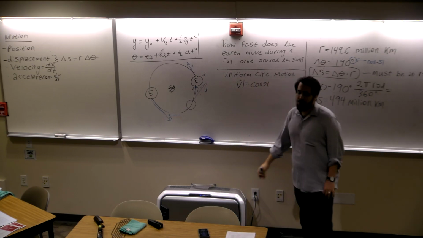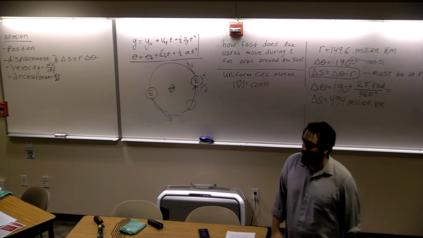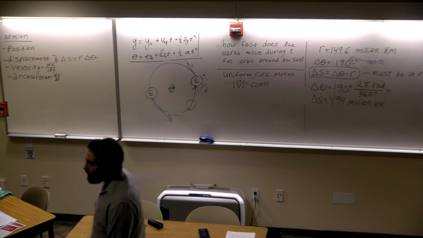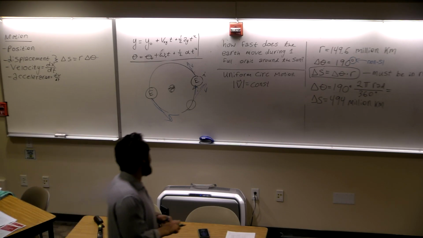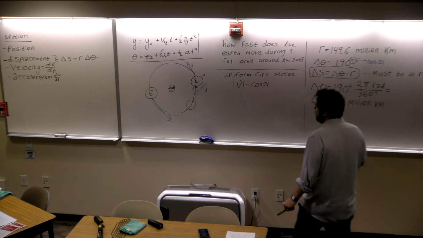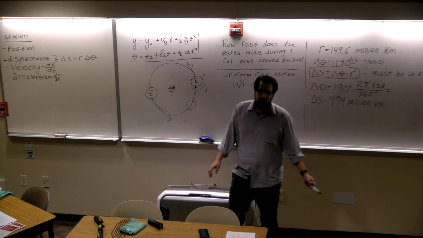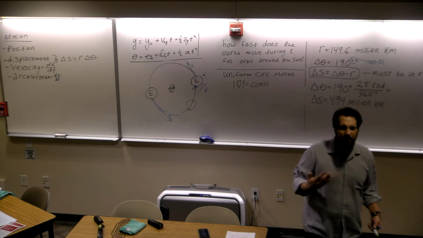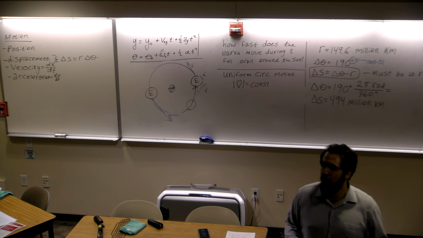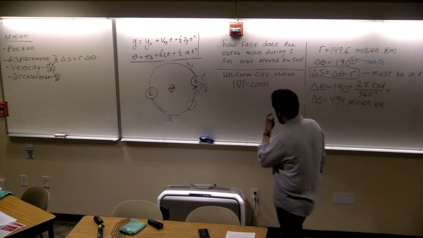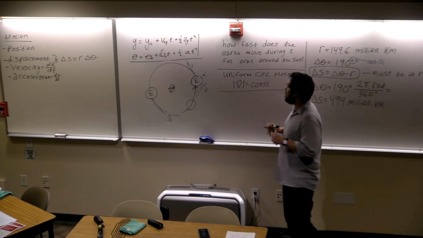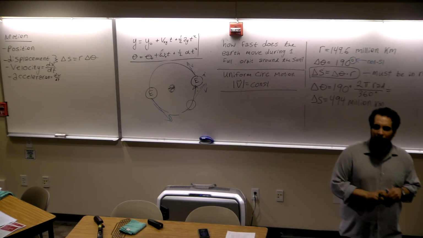That's a fancy way to say the speed is a constant. So yes, it is changing directions, but it's not speeding up, it's not slowing down, it is just turning. We have a turning object, and it's always turning inwards towards the sun, but not necessarily speeding up or slowing down. The Earth is a great example of that. It maintains relatively constant speed.